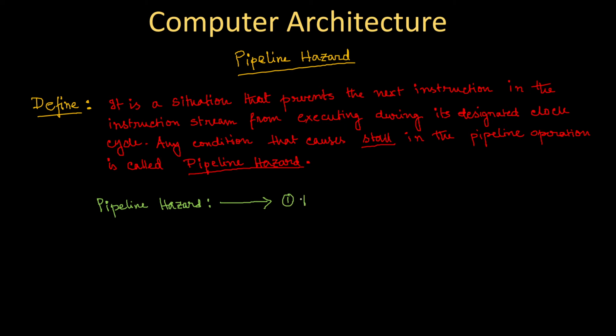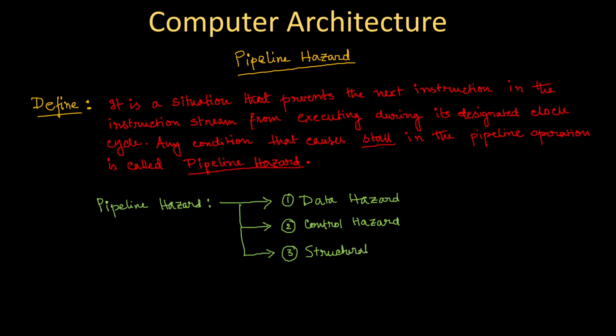One is called data hazard, then control hazard, and the third one is called structural hazard.